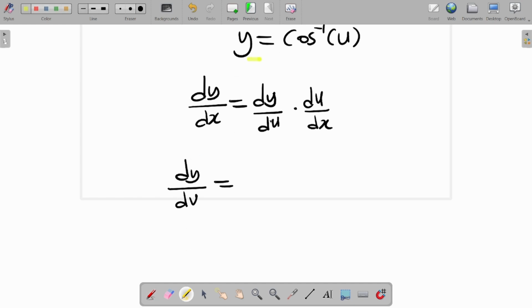This is equal to the derivative of cos inverse of u. We know that the derivative of cos inverse is given by negative 1 over the square root of 1 minus x squared, but we have u there, so u squared. That is the derivative of cos inverse.